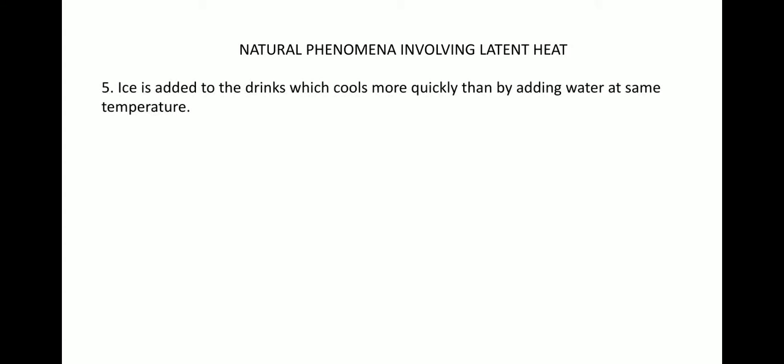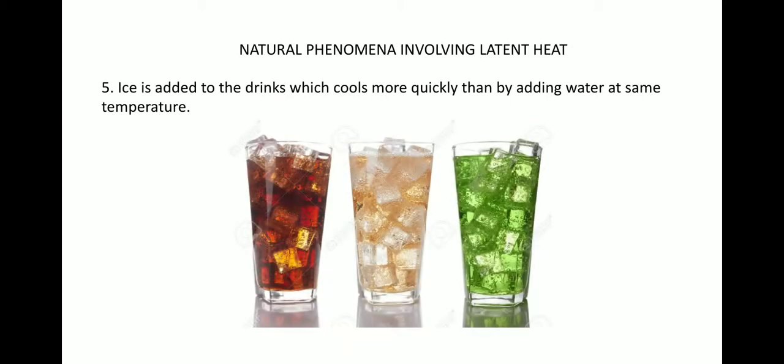Ice added to drinks cools them more quickly than adding water at the same temperature. This is because 1 gram of ice takes 336 joules of heat energy from the drink.